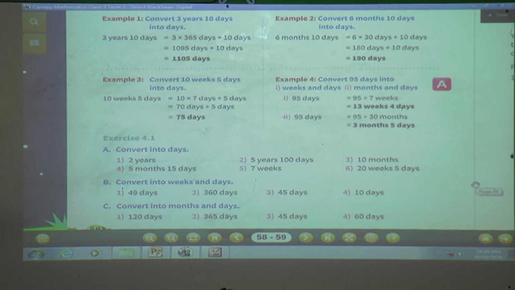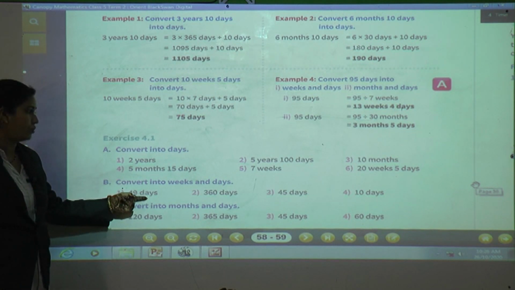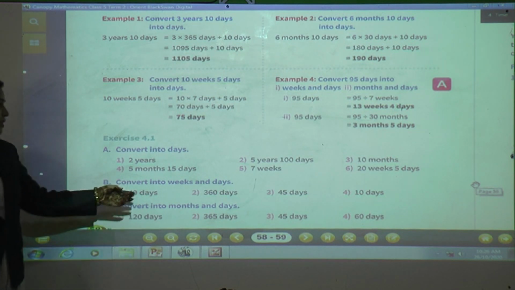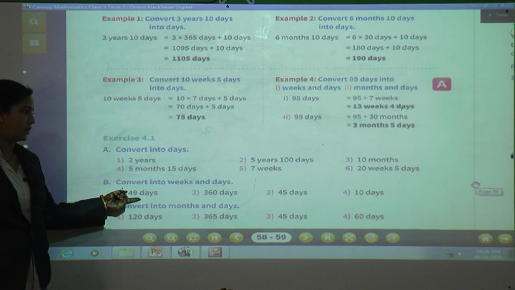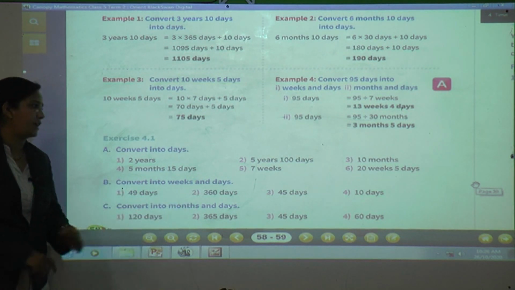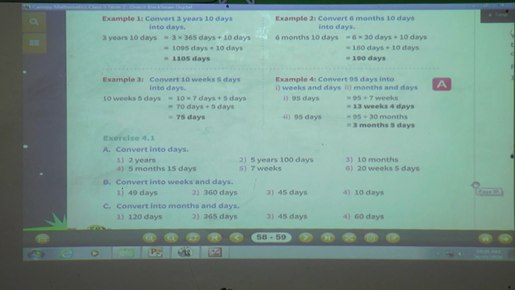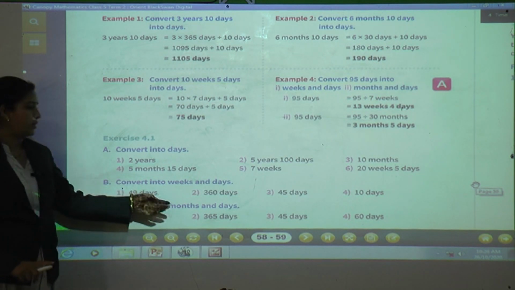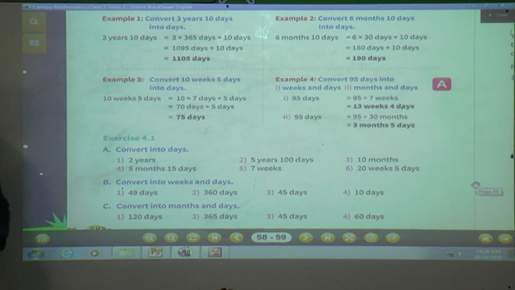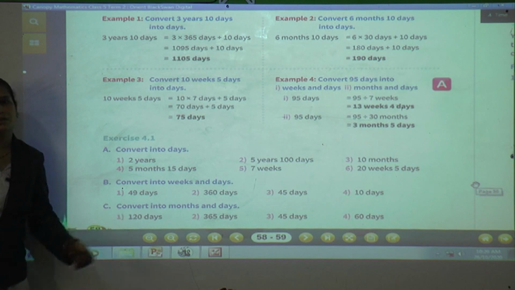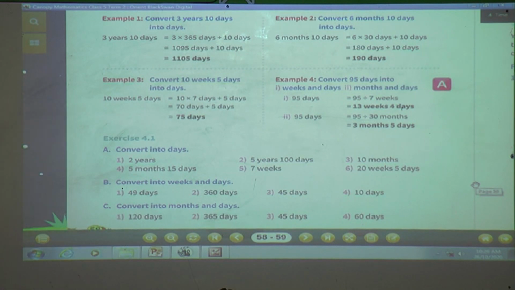So what to do, students? Divide by 7. Okay. Here also divide it by 7. Now convert into months and days. We know that 1 month is equal to 30 days, so just divide it by 30. So in this way you can solve the exercise.